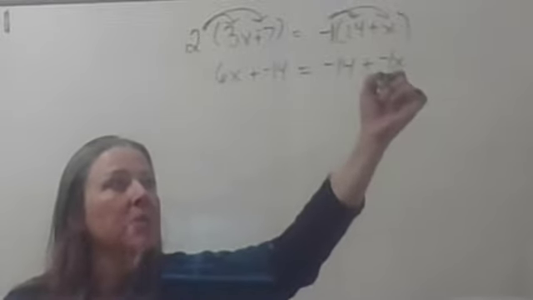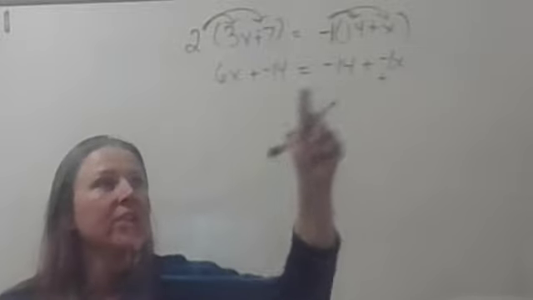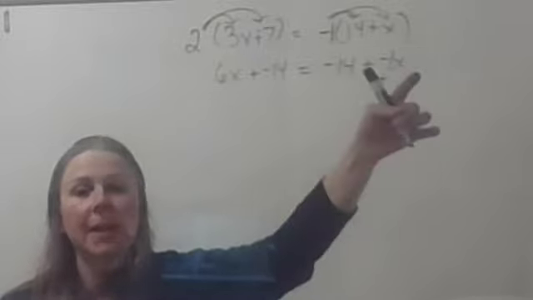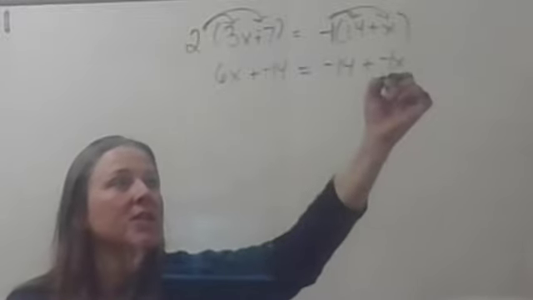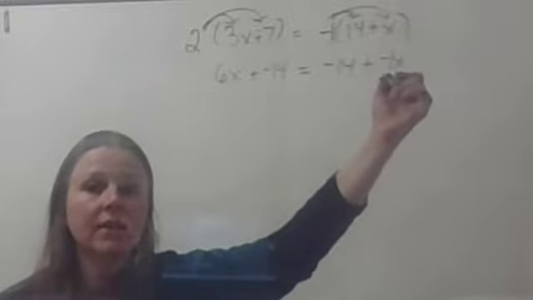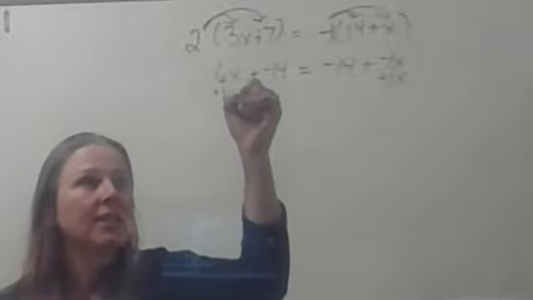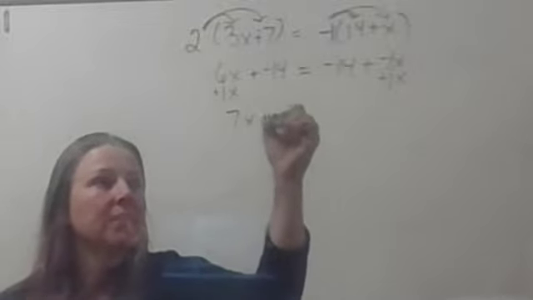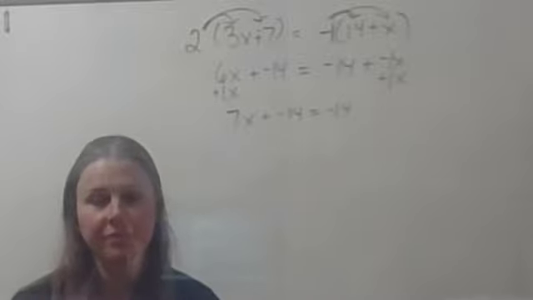So I'm going to go ahead and move my letter to the left. There's actually 4 correct first steps here. You can move any of these to the opposite side. So this is just one option. In fact, if you have a different way, go ahead and hit pause and solve it and see if we get the right answer. So I'm going to add 1x. So 7x plus negative 14 is equal to negative 14.